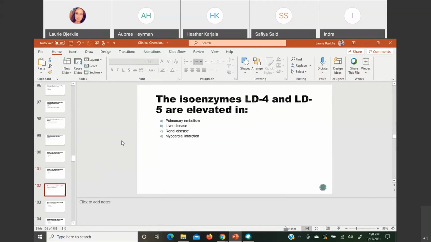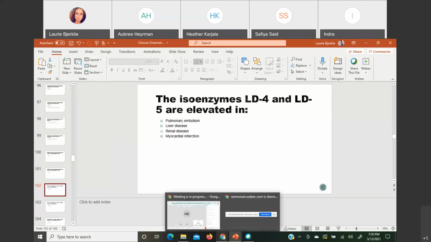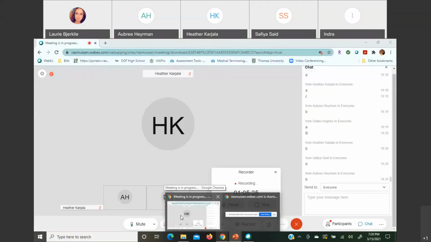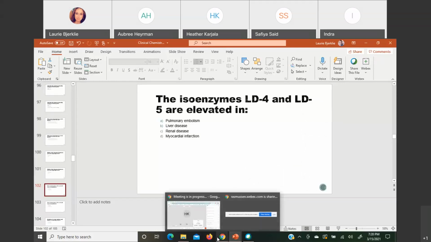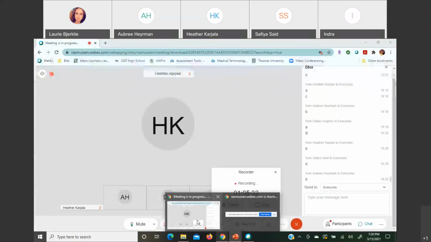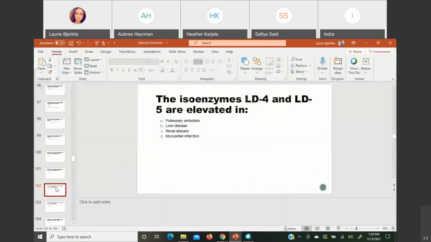The isoenzymes LD4 and LD5, which are lactate dehydrogenase 4 and 5, are elevated in what? Okay, let's take a look, and it would be liver disease in this case.